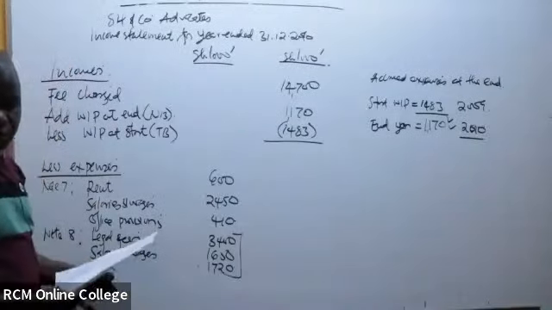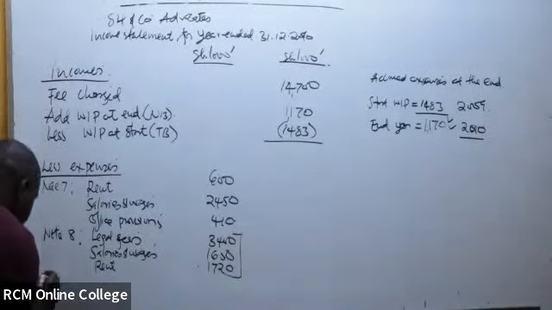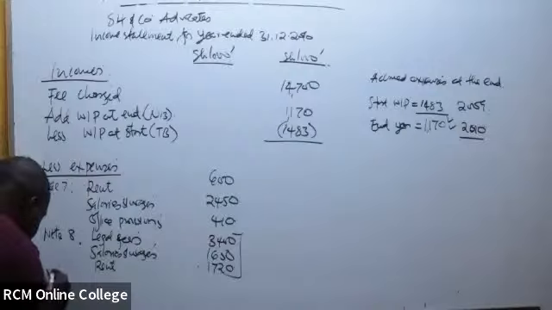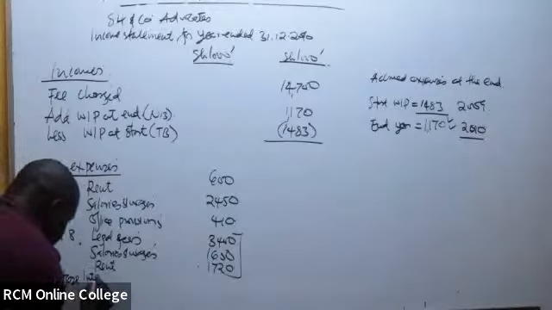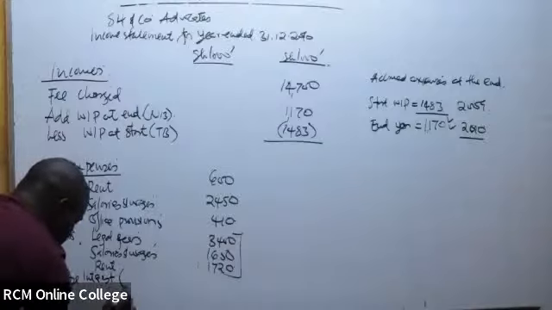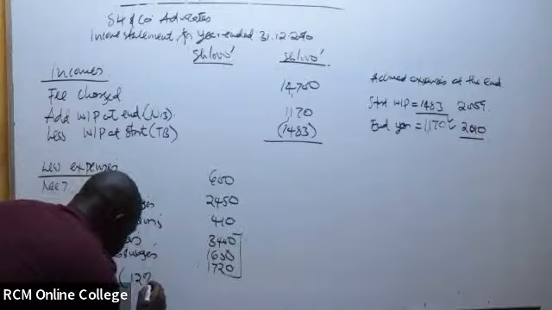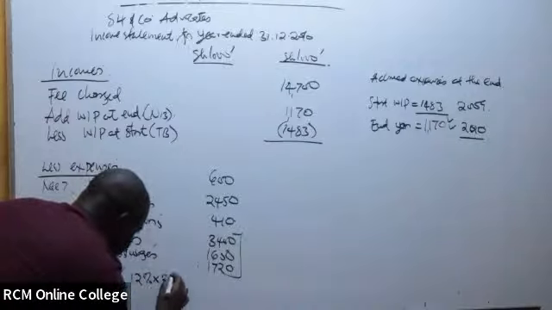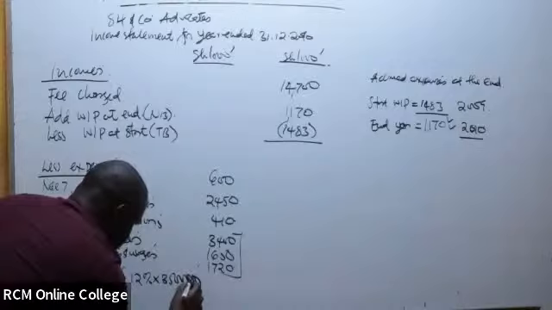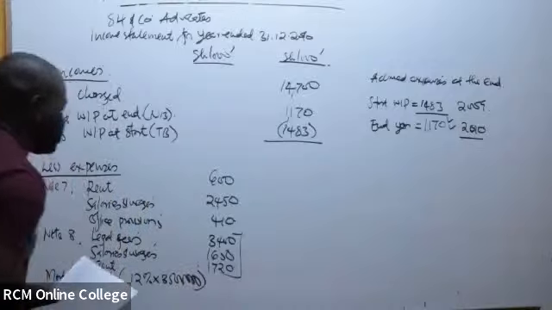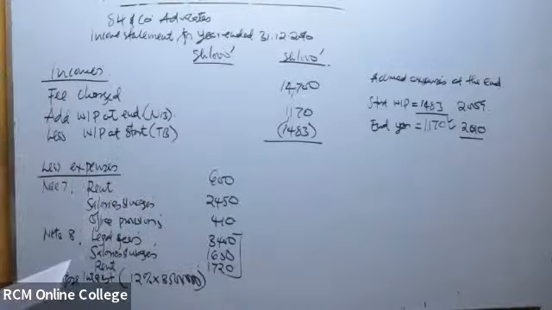So in this case, you have mortgage interest. It will be 12% multiplied by 3.5 million. What do you get when you multiply 12% by 3.5 million?